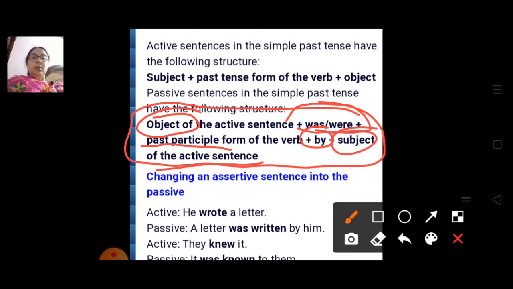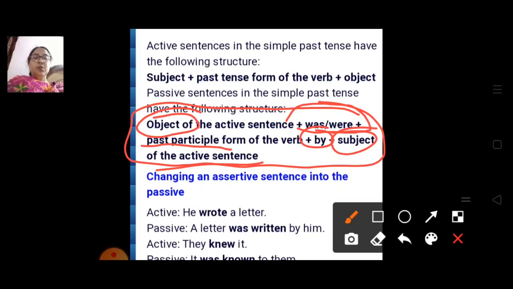Now, whenever we have to change active to passive voice in an assertive sentence in past tense, assertive means a simple sentence or simple past tense.